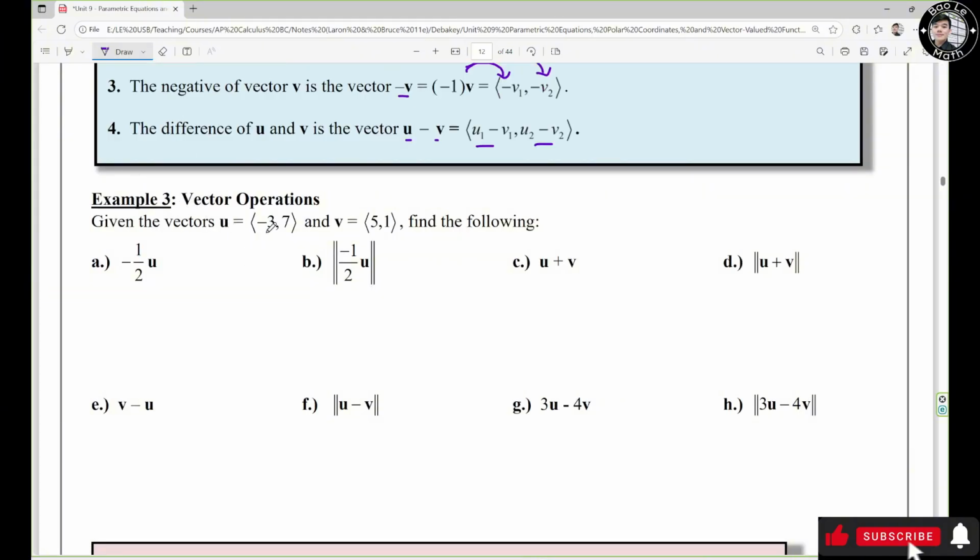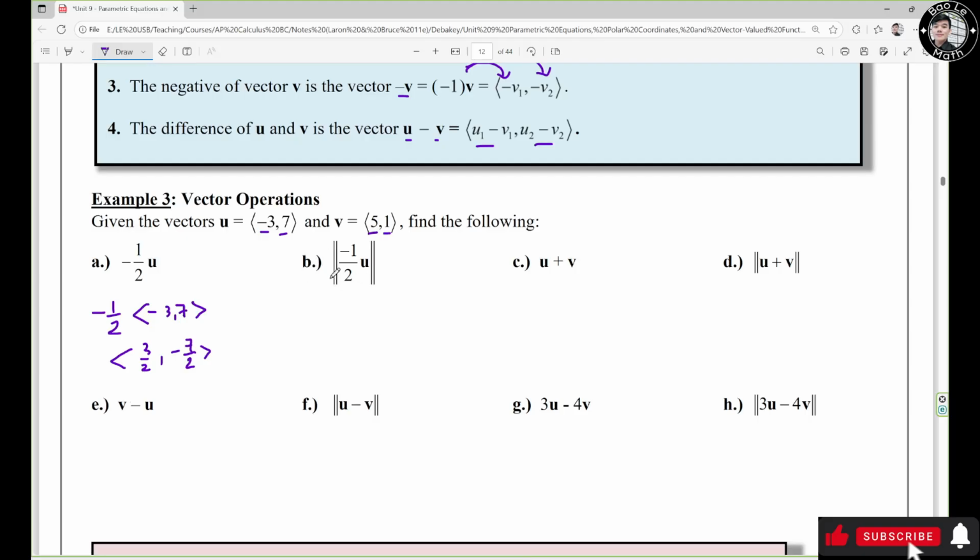Given vector u is -3, 7, vector v is 5, 1. Find -1/2 times u. So you have -1/2 times vector u, which is -3, 7, right? So you just distribute this one, right? So you have positive 3.5, comma, negative 7 over 2, right?